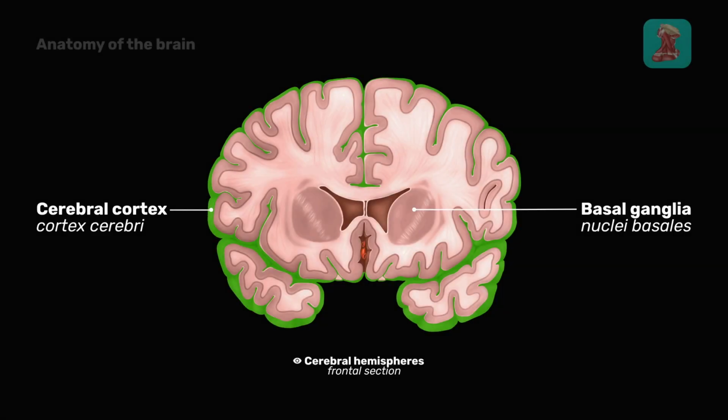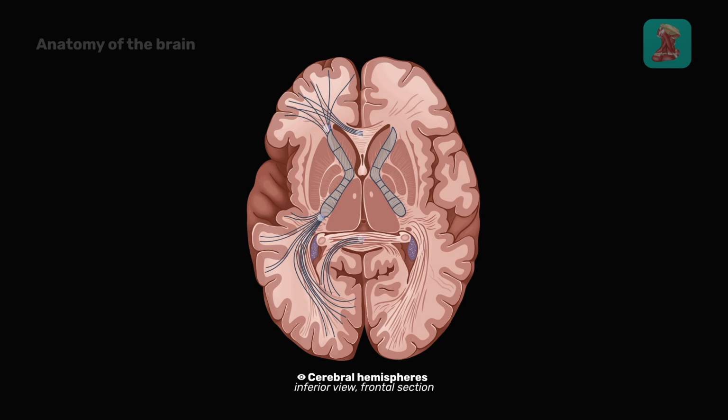Gray matter is represented by the cerebral cortex, located on the surface, and the subcortical nuclei, or so-called basal ganglia, which are situated slightly deeper. White matter is grouped into thick bundles of nerve fibers that ascend and descend to various parts of the nervous system, performing a communicating function.